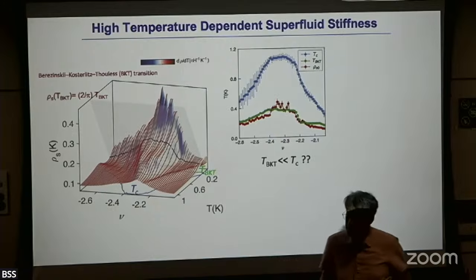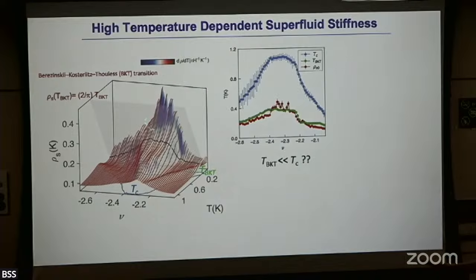That's the experimental region. One of the really disturbing parts is, in fact, the large difference between the measured transport Tc versus this BKT temperature estimation we made here.